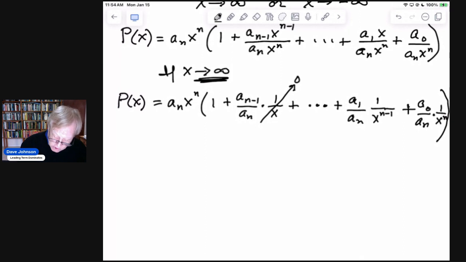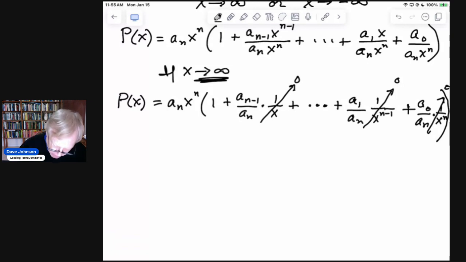And usually I indicate that by drawing an arrow pointing at 0. Well, all of these are going to go to 0, including this last one, because 1 over something that's huge, even if it's to a positive integer power, that fraction is going to go to 0.